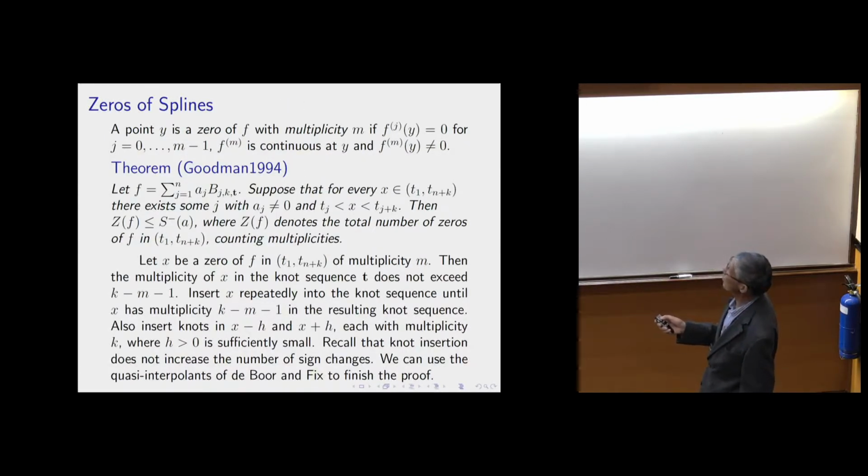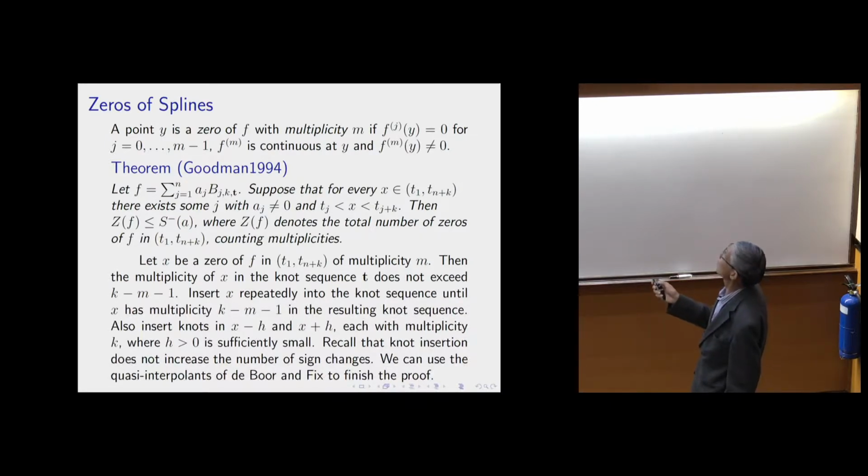Goodman gives the number of zeros of a univariate spline. But this condition is necessary. First we have to define the meaning of multiplicity of a zero.